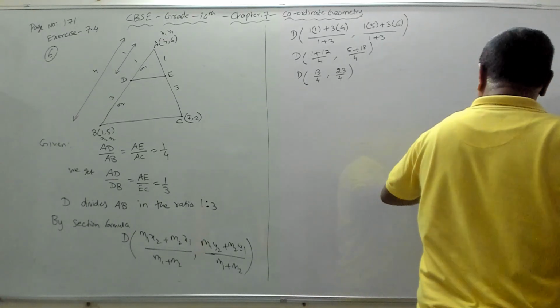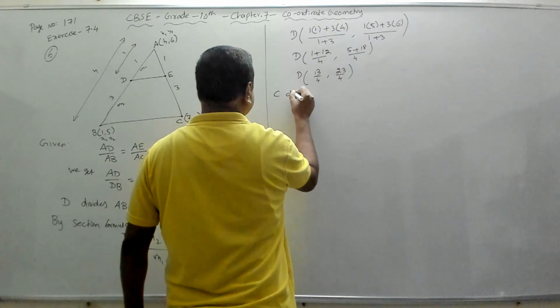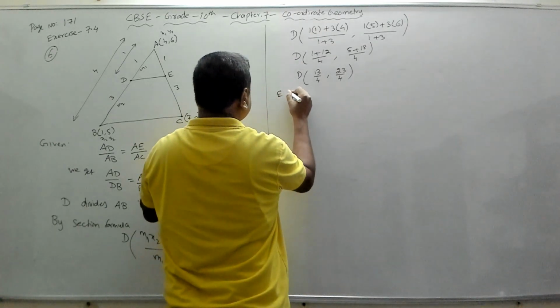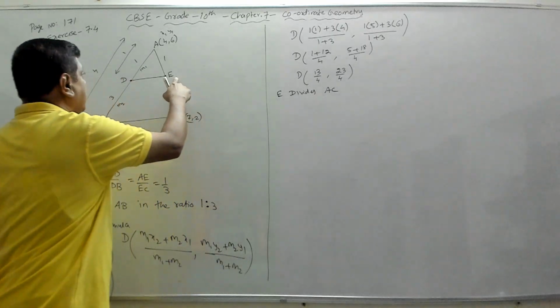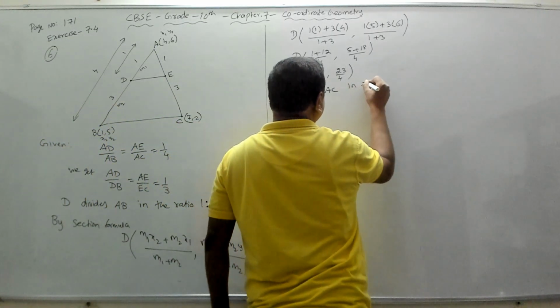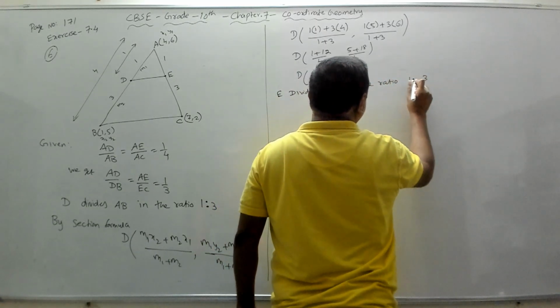So now we should find the coordinate E. E divides the line segment AC in the ratio 1:3.